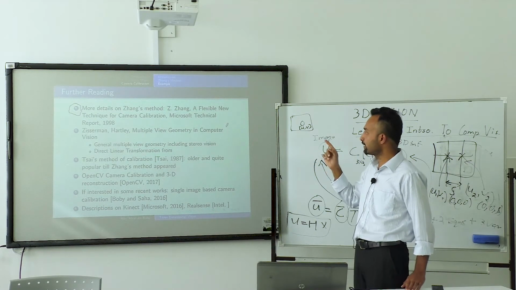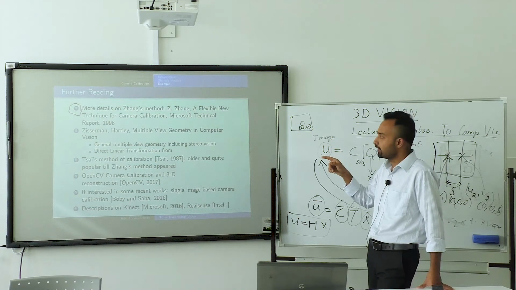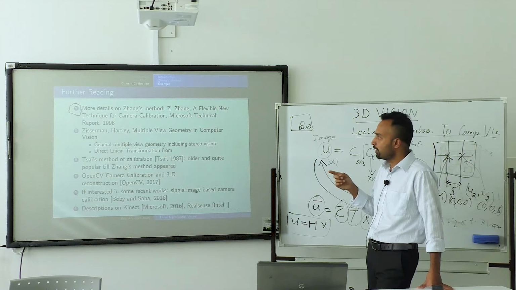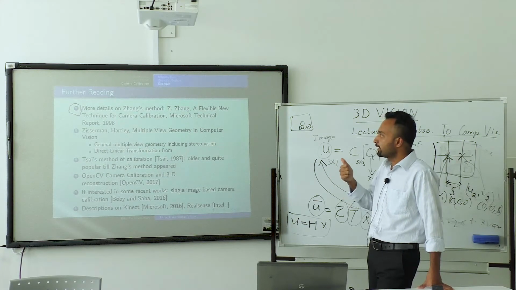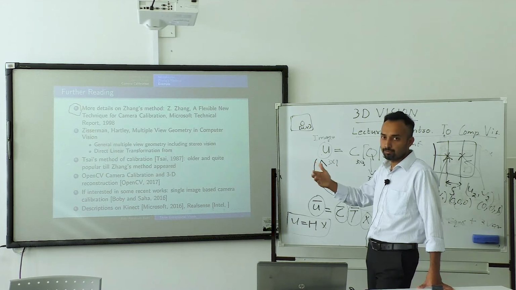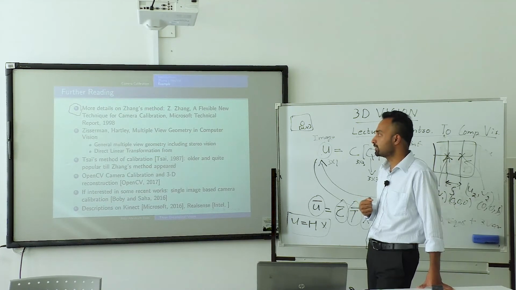The actual publication related to this work came out in 2000, but the report predates that, and the report has been updated also. The report has more details which will help you to understand whatever we have discussed very easily.